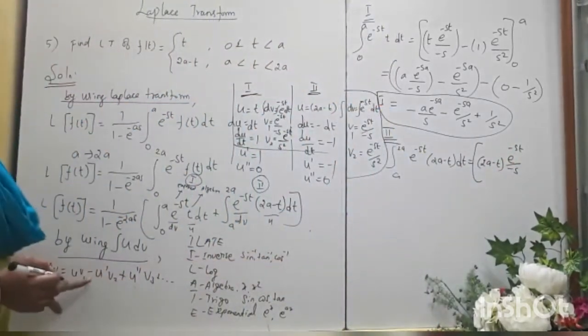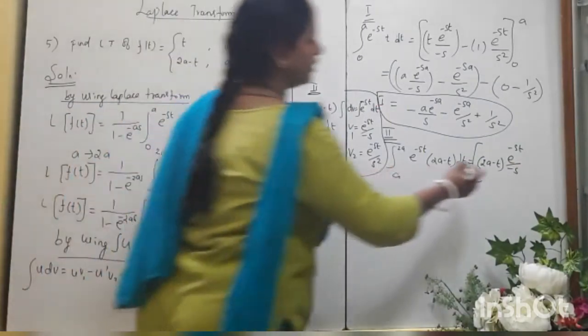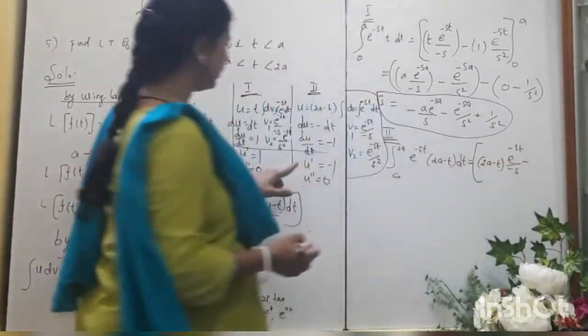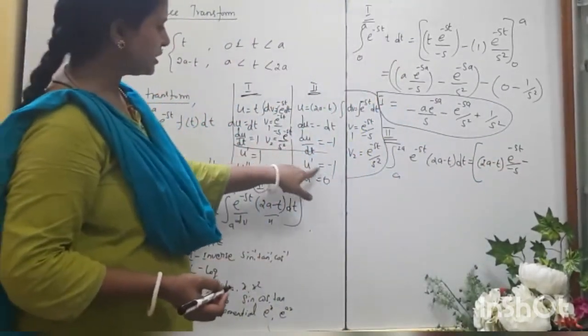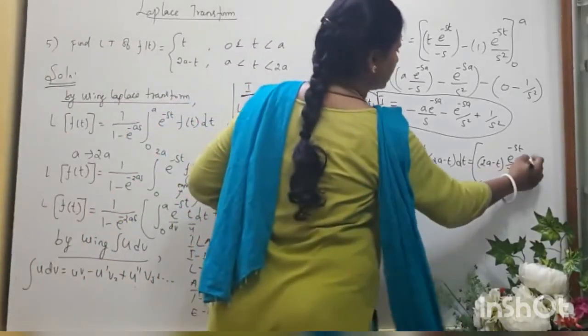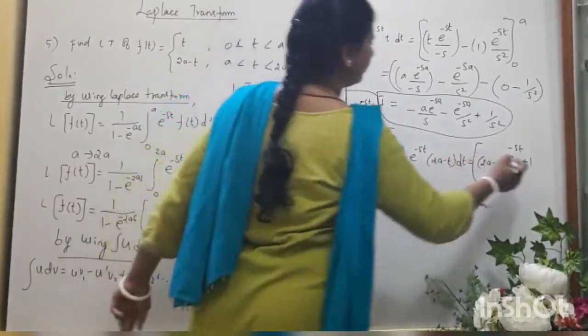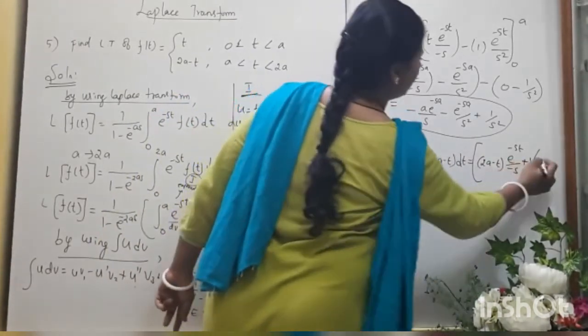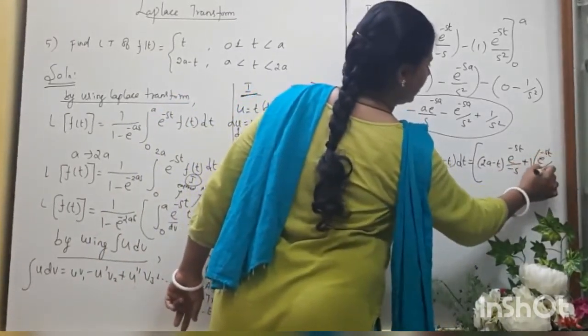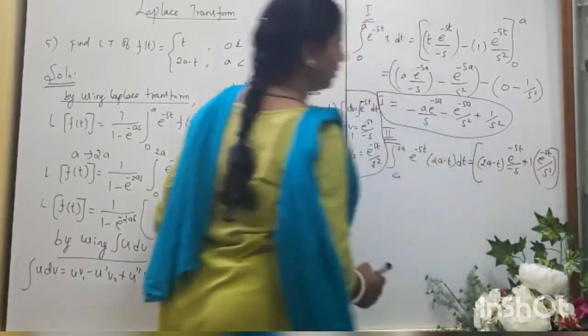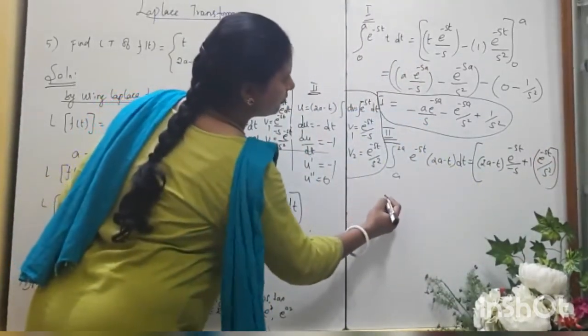u v1 minus u dash v2. What is u dash? U dash is minus 1. So minus into minus plus 1. U dash v2, v2 means e power minus st by s square. Okay. So what is that?